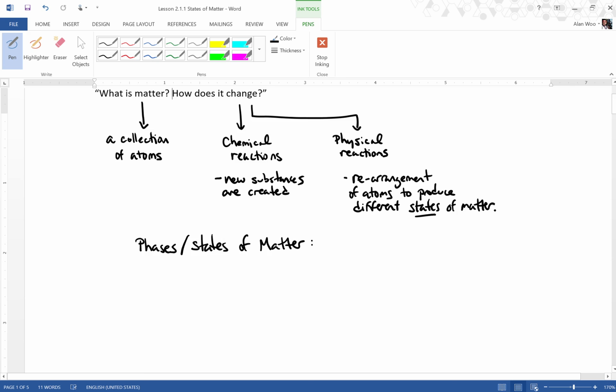You should already be aware that most of the time we start with solids. They go through changes to become liquids, and then we get gases. These are our three pillars.